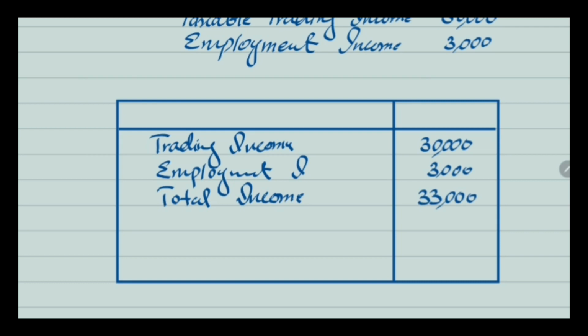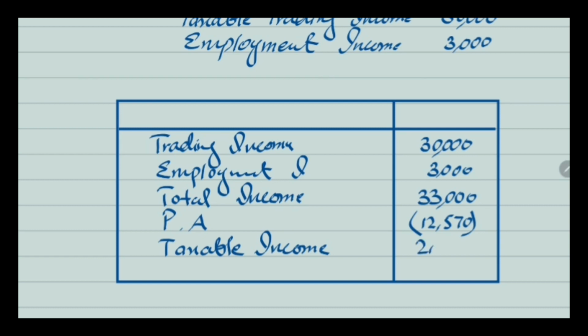There is no relief in this particular example. So it is a basic example. So we just need to deduct the personal allowance, which is 12,570 for the current year. So taxable income of that person would be 20,430.